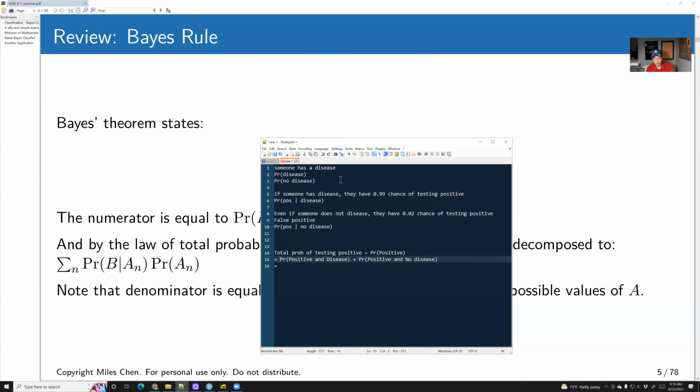And this part is equal to the probability of positive given disease times the probability of disease. And this part is the probability of positive given no disease times the probability of no disease.